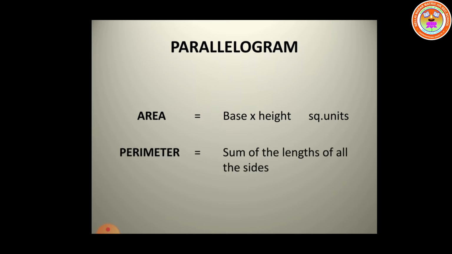Perimeter of the parallelogram is equal to sum of the lengths of all the sides. What is the area for parallelogram? Base into height square units. And what is the perimeter of a parallelogram? Is equal to sum of the lengths of all the sides.